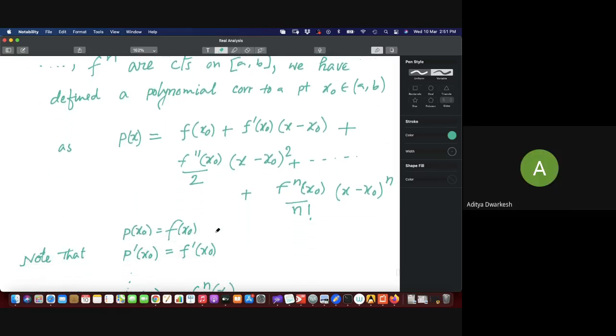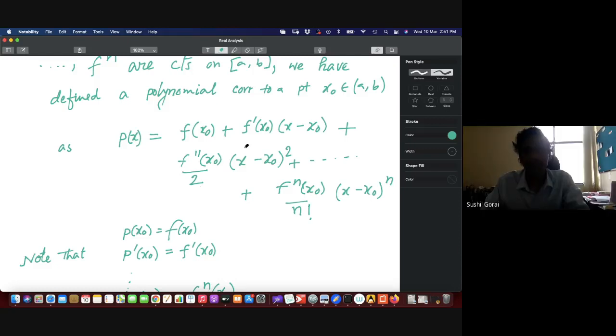Could you repeat the last point? How might there be others? Here you put some very small epsilon in the derivatives, plus epsilon times x minus x naught, plus epsilon times x minus x naught squared and so on.